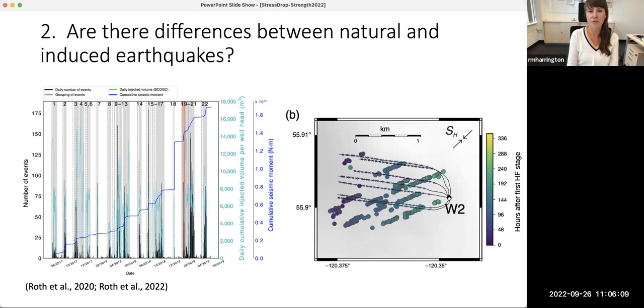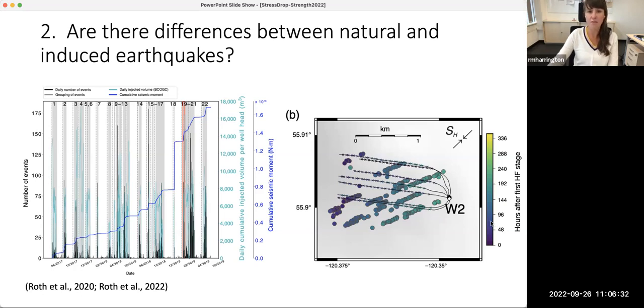So we did some very careful relocations of the earthquakes, and here I have the direction of the maximum horizontal stress being shown, and we see a lot of events which suggest they're occurring on vertical strike slip oriented faults, which are optimally oriented in the stress field.